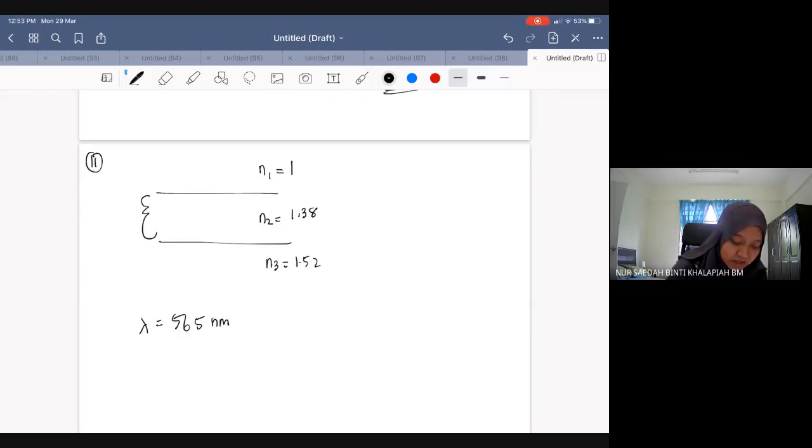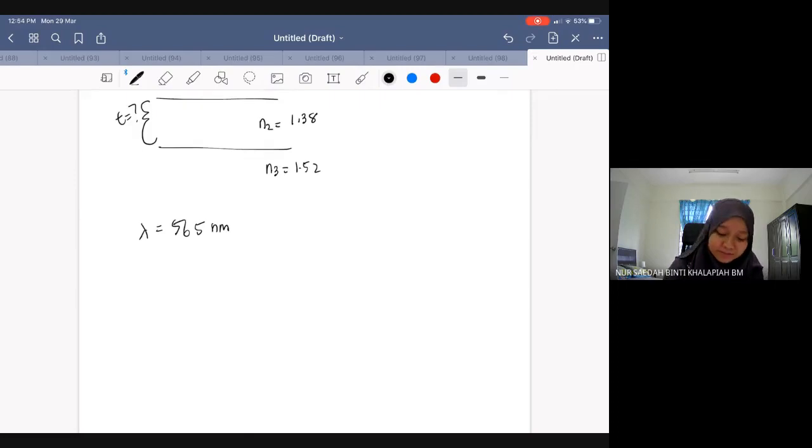So soalannya determine the thickness of the coating. So coating kita ni kan tengah-tengah, berapa thickness-nya? Okay, so this one is a non-reflective coating. Non-reflective coating dengan reflective coating sebenarnya formulanya adalah sama. Formulanya adalah 2nt sama dengan m plus half lambda. Reflective coating dengan non-reflective coating adalah formula yang sama.